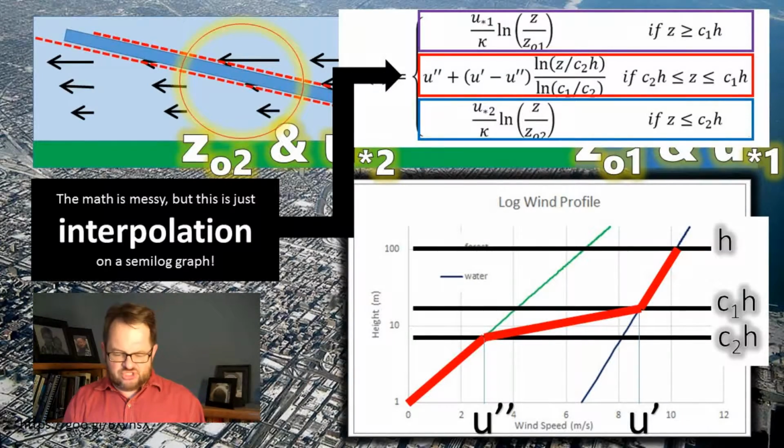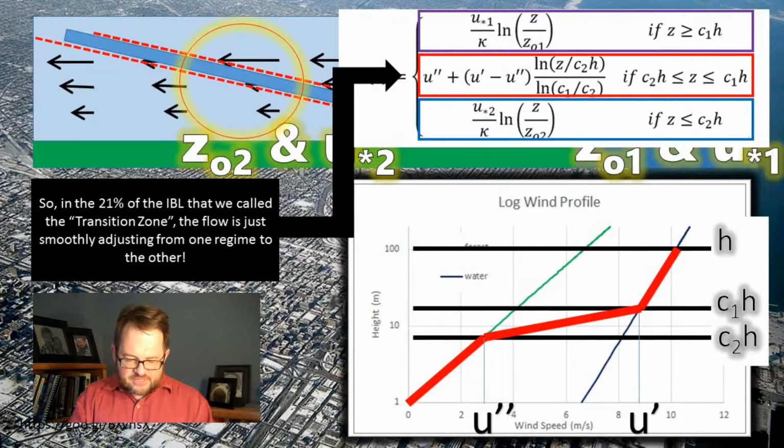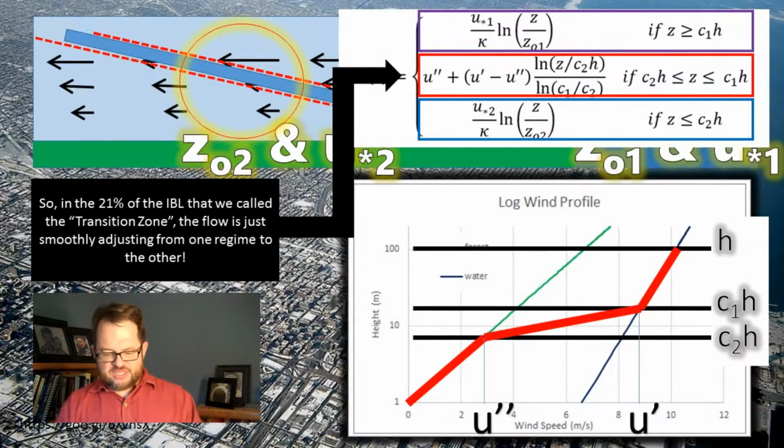All we're doing is smoothly transitioning from the value at U double prime to the value at U prime. Look at what I did with that red line there. Effectively, we're just connecting the dots, admittedly in this semi-log coordinate system. The math is not trivial, but the idea is that we've just connected the dots.